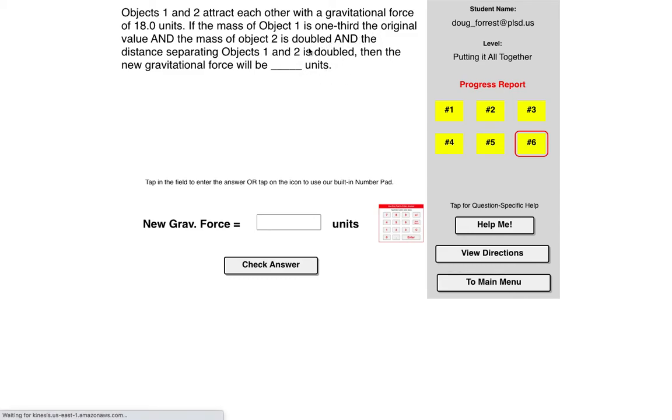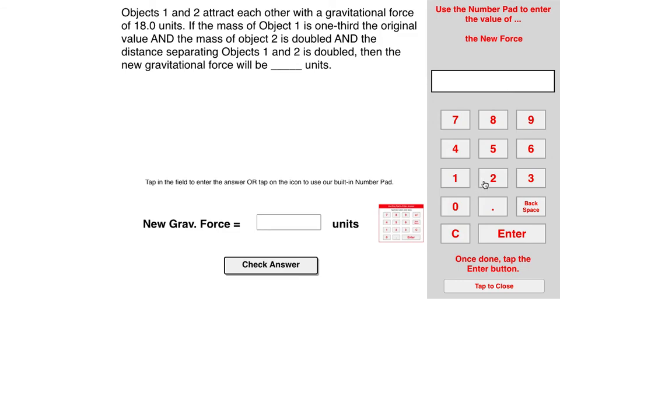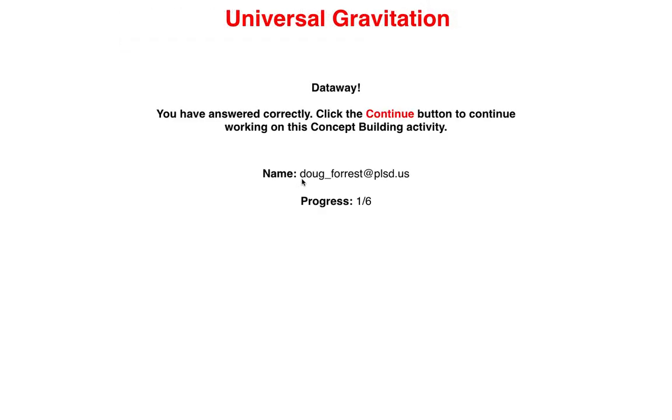So 1/3 times 2 is 2/3. 2/3 divided by 4 would be 2/12, so 1/6. 1/6 of this should be 3 units of force. Hope I did that math in my head right. I would do it on a calculator.